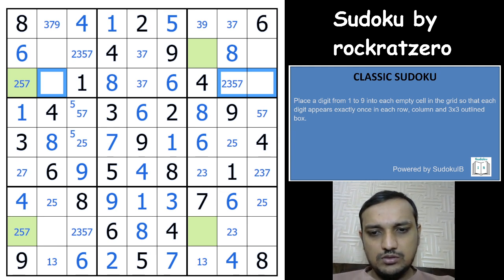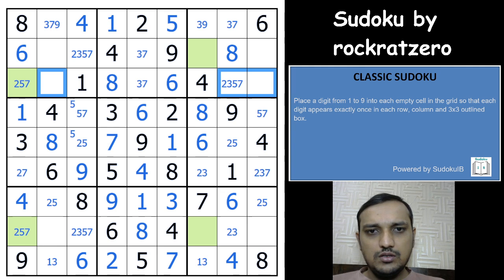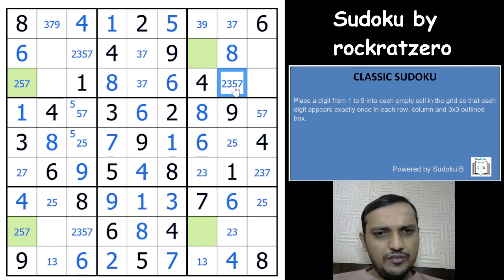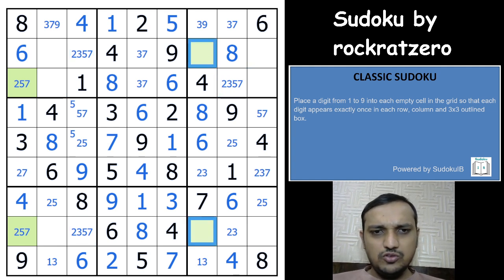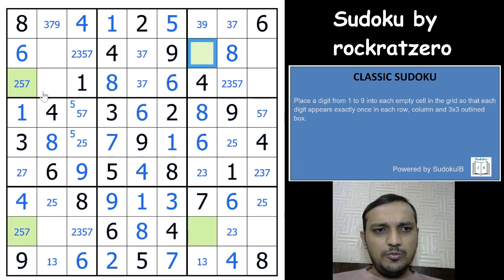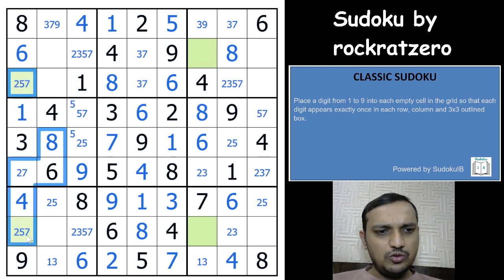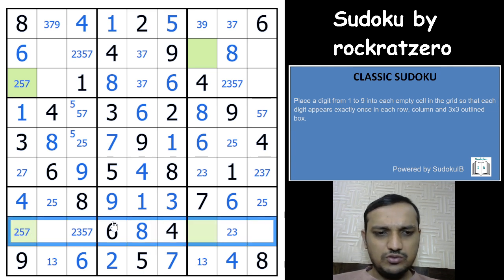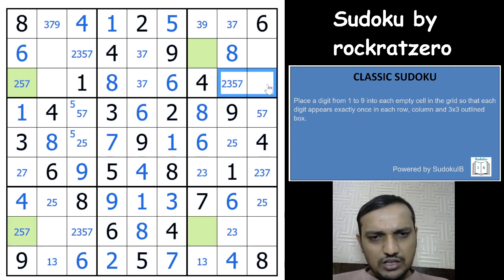So 5 is in one of these two cells in this column, and 5 is in one of these two cells in this column, right? In both of these columns you have 5 in the same row. So if you have 5 here, you eliminate 5 from both of these cells, and the 5s in the columns sum up in the same row. So 5 is eliminated from these cells.